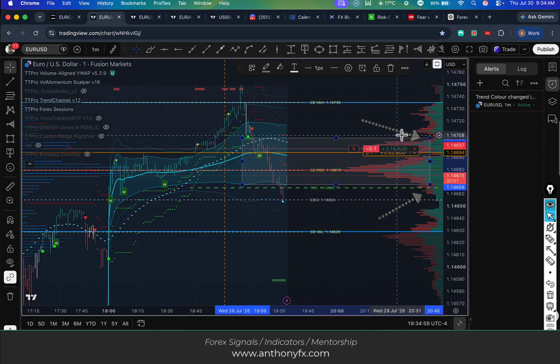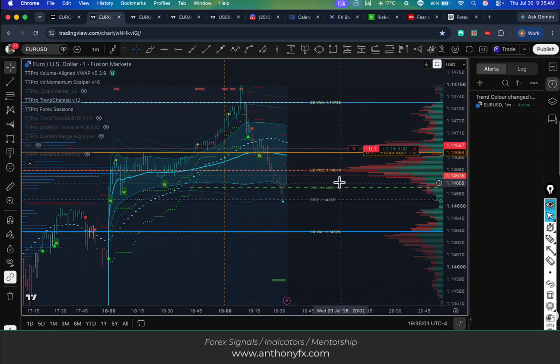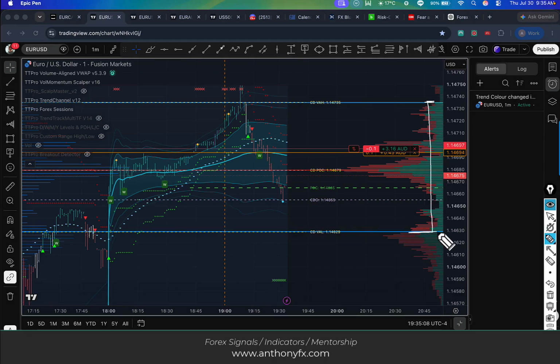This is fair value, and the other thing that you've got is the high and the low of this area. So the point of control is technically fair value, but that range would definitely be regarded as fair value.